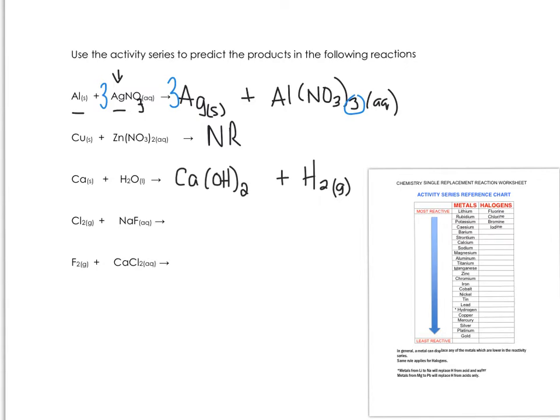Now all we have to do is balance this equation. So we have one calcium, two oxygens, but we have one oxygen over here. So the rule for an even and an odd is double the odd.